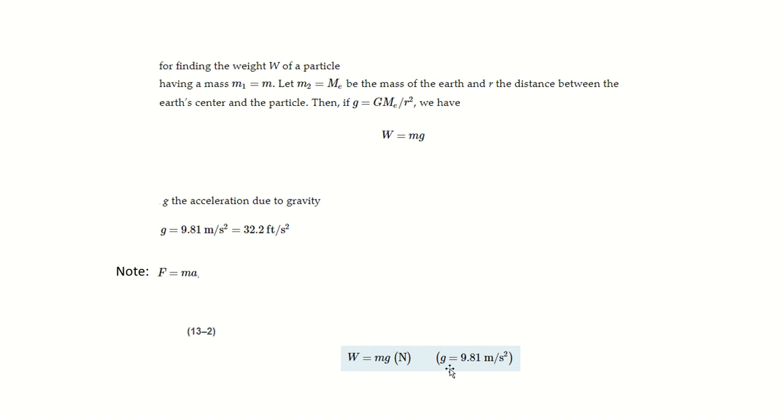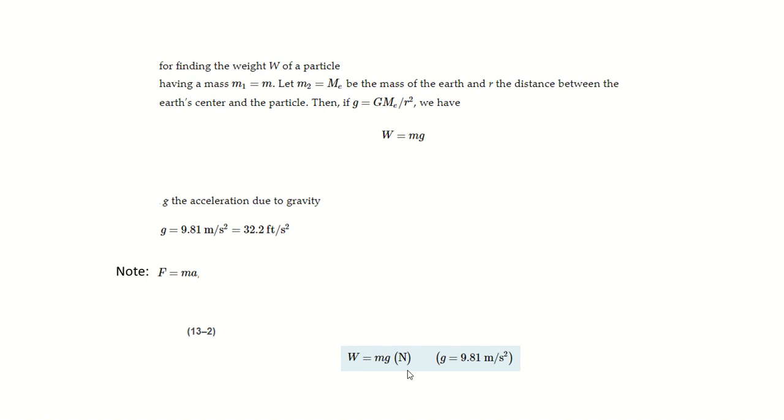Unit here: mass times gravity, which is your acceleration, is going to give you Newton, that is meter per second squared. G is this little guy. Of course, for SI units, mass is going to be in gram or kilogram.